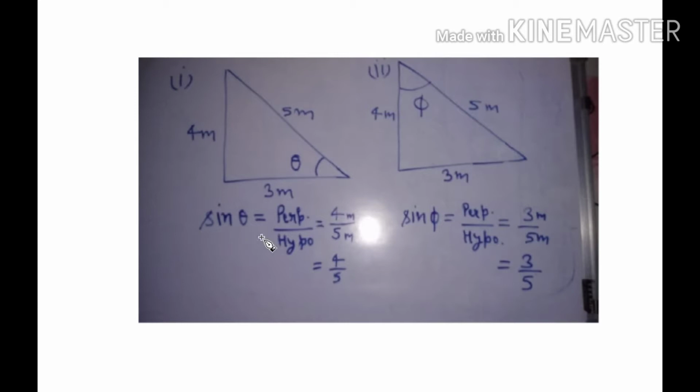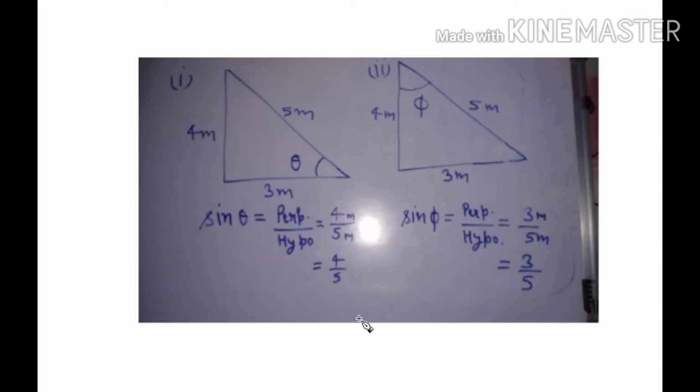Sine theta is equal to perpendicular upon hypotenuse. Now you are able to write these things. If this is the theta angle I am taking, then what will be the perpendicular? Yes, of course, 4 meter will be the perpendicular. And the hypotenuse is 5 meter. 4 meter upon 5 meter gives you 4 upon 5.